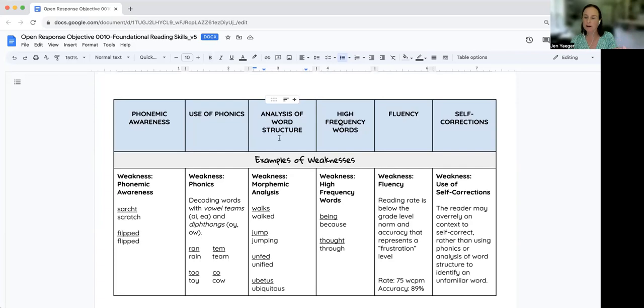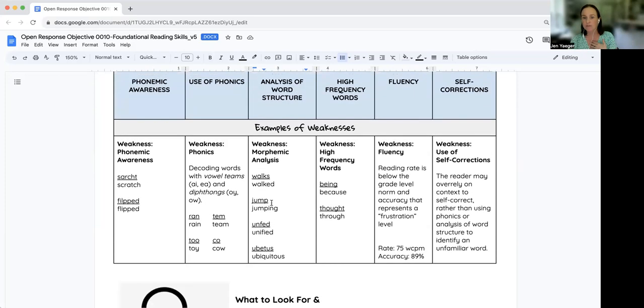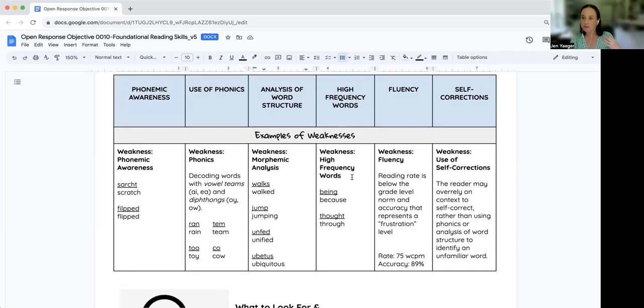If there's a weakness in analysis of word structure, the child is not breaking apart words into their meaning-bearing parts or by syllable. If there is a weakness in high-frequency words, they're not recognizing those words that just need to be known automatically because they come up so often in children's reading and writing. So if you see weakness in that, in words such as a mistake with because or through, that would indicate a weakness in high-frequency words.